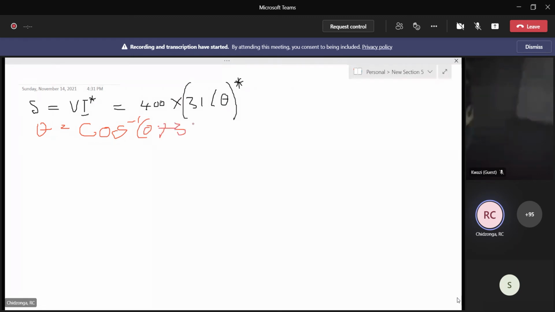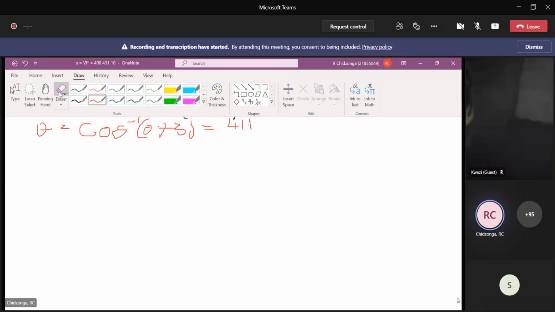That is the angle you are starting with, right? Somebody can calculate and give me the angle. I left my calculator. Can you calculate the angle, arc cosine 0.73? It is 43.1 degrees. Okay, thank you very much.